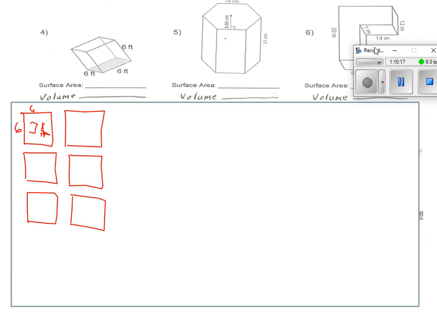Apothem. What's the apothem this time? 3.66. 219.6, is that right? Divided by 2. 109.8. Everybody agree with that?